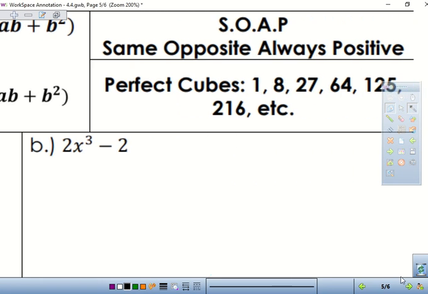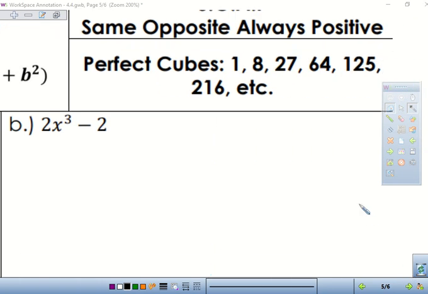All right. Next one. So step 1 on this question is you need to start by factoring out a GCF. So it's going to become 2, and then it's going to be x cubed minus 1. So this 2 is just going to follow us down. The whole problem is going to be on the outside.